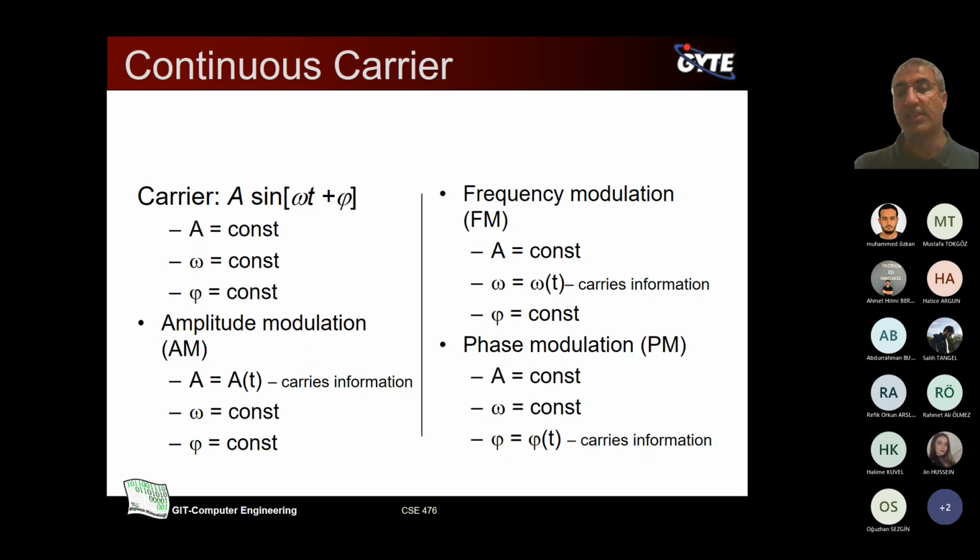So by adjusting the phase, we obtain the phase modulation. In other words, we transmit information by putting different bits on top of a different phase. And we can come up with combinations of these that we're going to see later on.